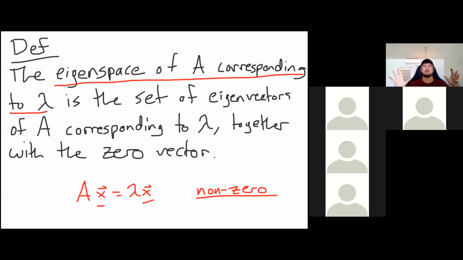So it doesn't create a nice, easily studied case, and that's why we made this non-zero condition. So when we talk about an eigenspace, we say it's a set of all eigenvectors, and then we just add on the zero vector at the end. To make it a vector space, we need a zero vector. So it's always going to be the span of the basis for your eigenvector, plus 0. That explains why we add in that last statement.